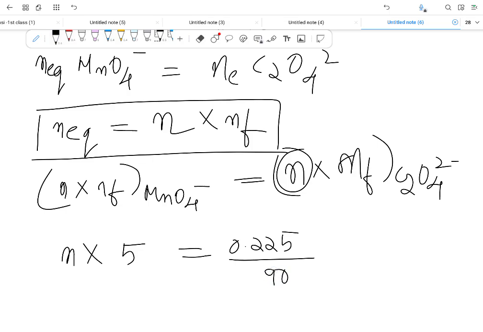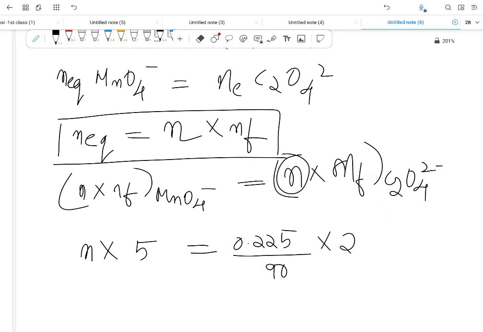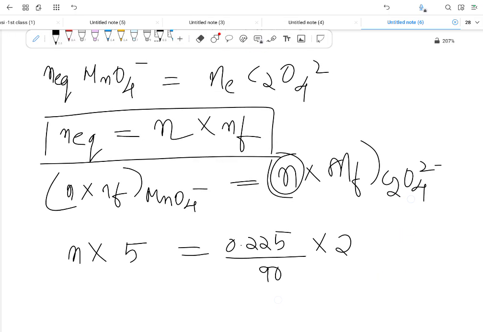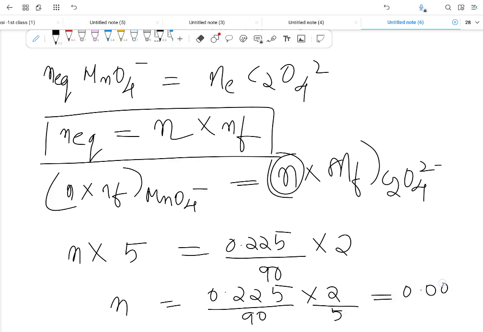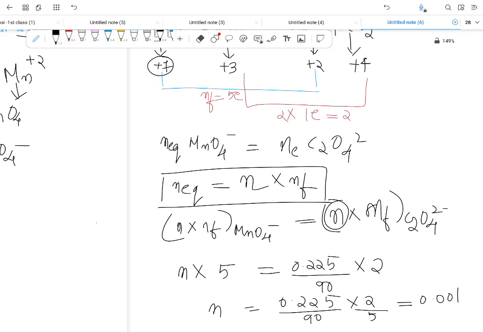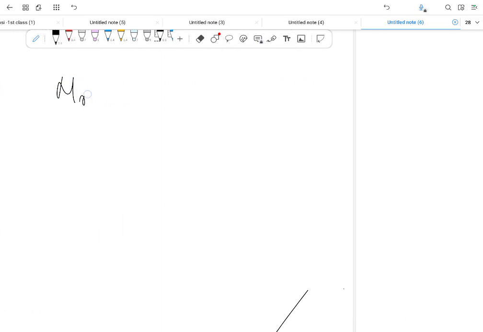Given mass by molar mass gives the number of moles, into its n factor, which is 2. So the number of moles of MnO4 minus will be 0.225 divided by 90, into 2, divided by 5. This you will get as 0.001.